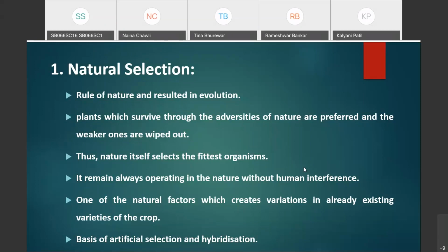Only those species get survived and the other species get wiped out. That is natural selection.